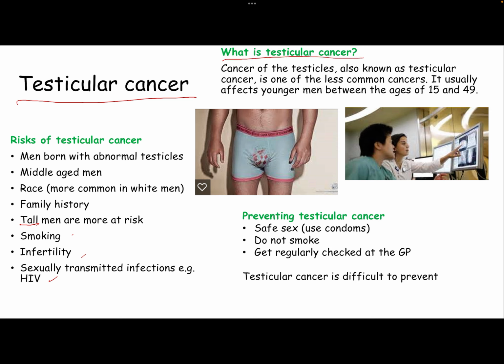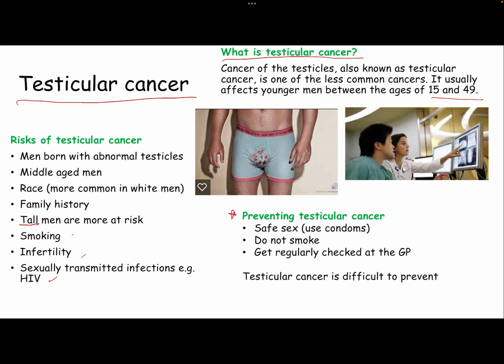What is testicular cancer? Cancer of the testicles, also known as testicular cancer, is one of the less common cancers. It usually affects younger men between the ages of 15 and 49. Preventing testicular cancer. Safe sex, so use condoms. Do not smoke.